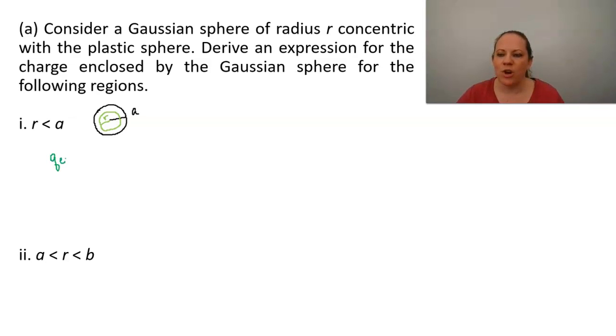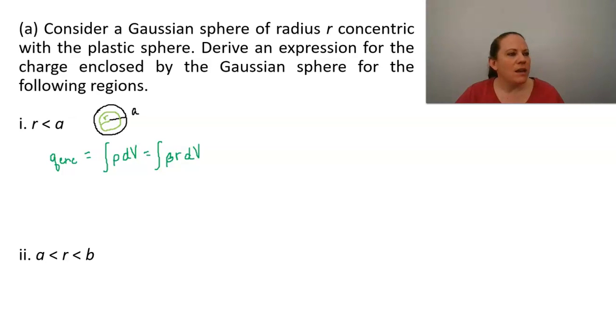Our charge enclosed is going to be equal to the integral of rho dV, which is equal to the integral of beta R dV, because beta times R was the function for rho.